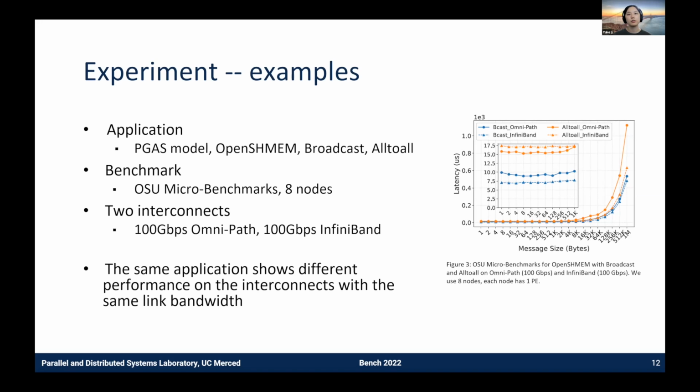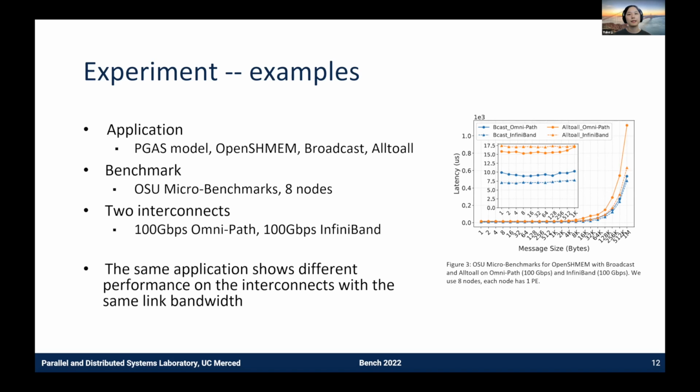Though these 2 interconnects have the same link bandwidth, they show different latency numbers when the message size changes. For example, InfiniBand shows a lower latency than OmniPath in most cases, except for the all-to-all operation with small message sizes.